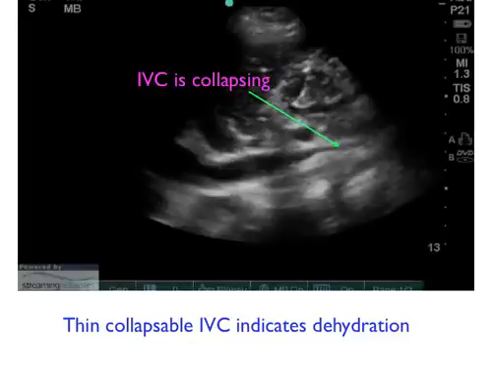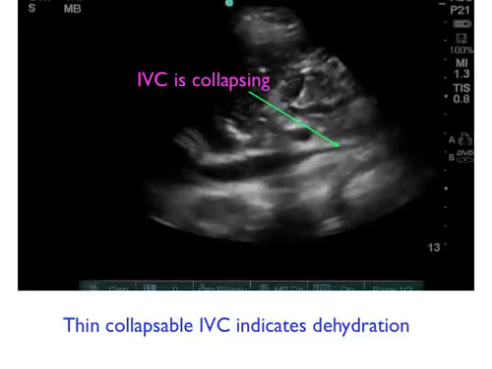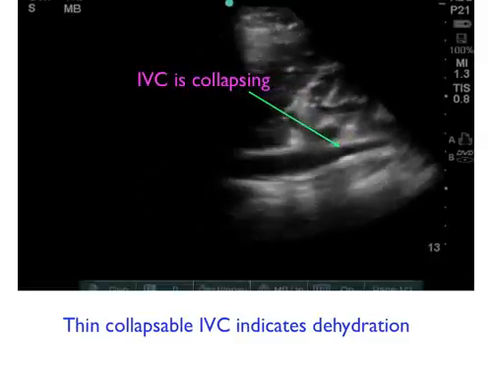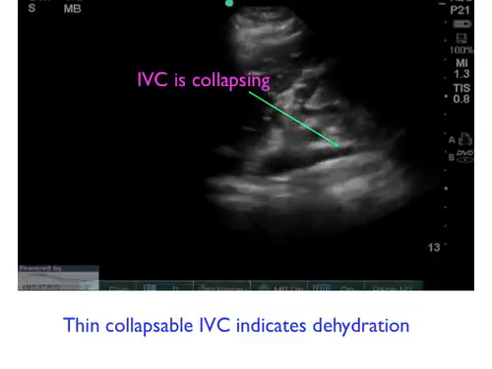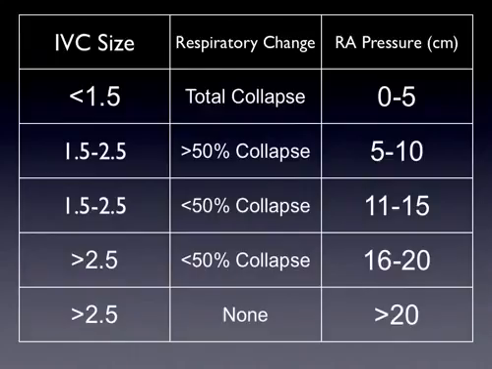Over here, the IVC is collapsing, and you'll take note that it collapses with respirations. And this indicates dehydration. So it gets bigger and then collapses. And there's been a chart that's come from a few studies to point out the relationship between the right atrial pressure, or CVP, and the IVC size.